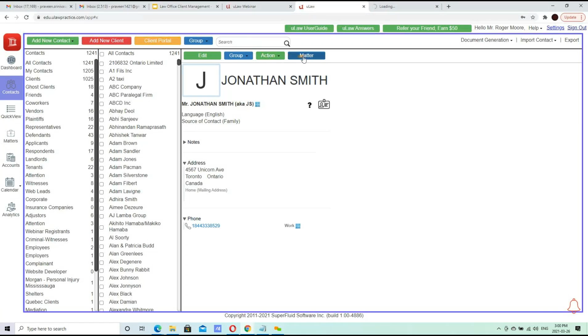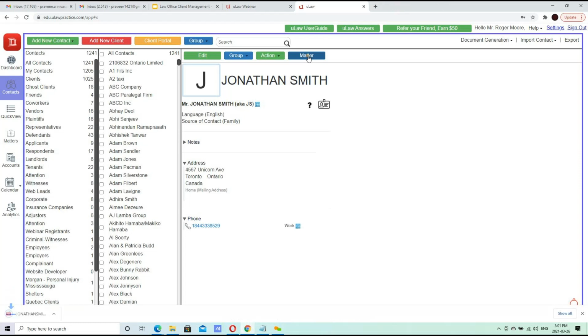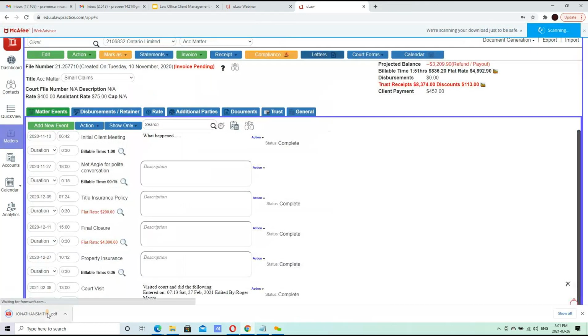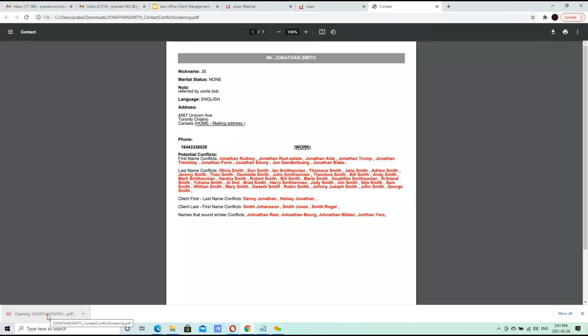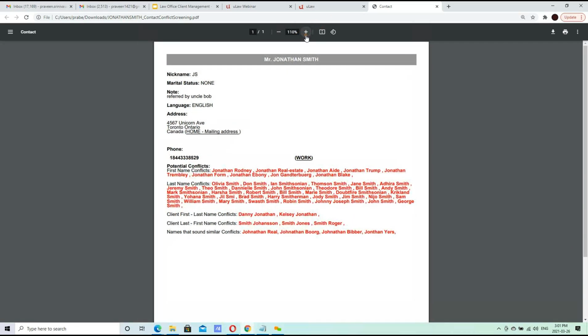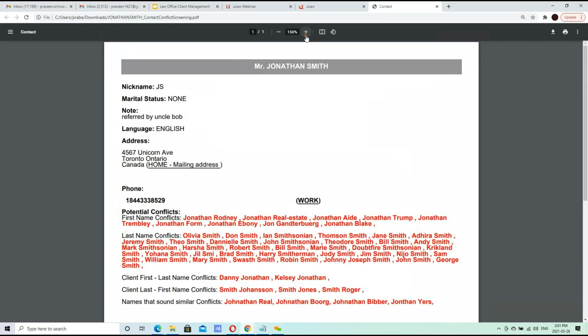Right? So based on that client conflict screening report, you would then determine if it makes sense to move forward to the next level or not. So for purposes of time, let me open up that report. Now you can see the system gives you back information. You make the decision based on this.